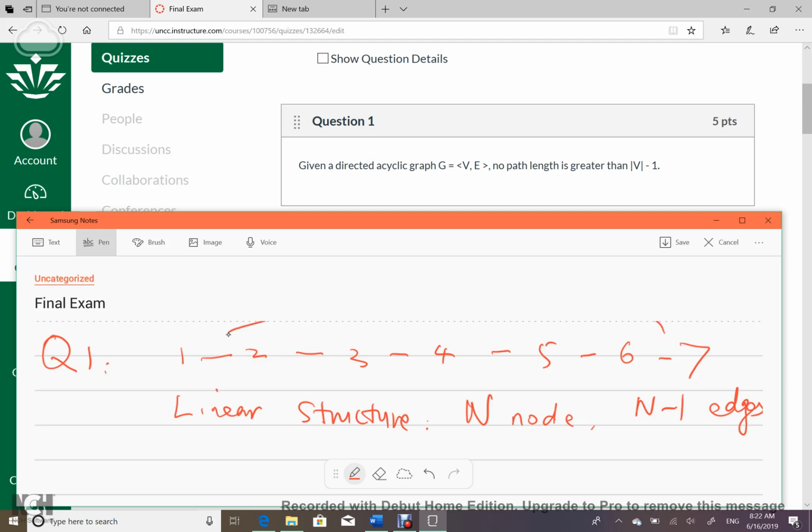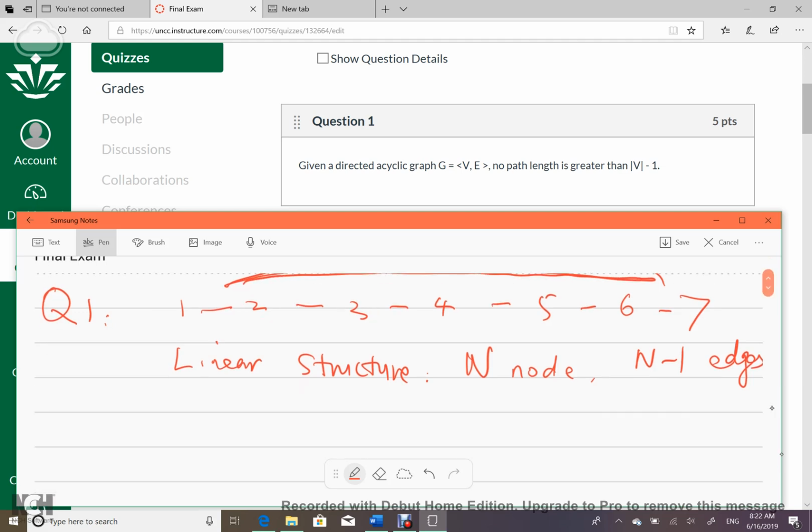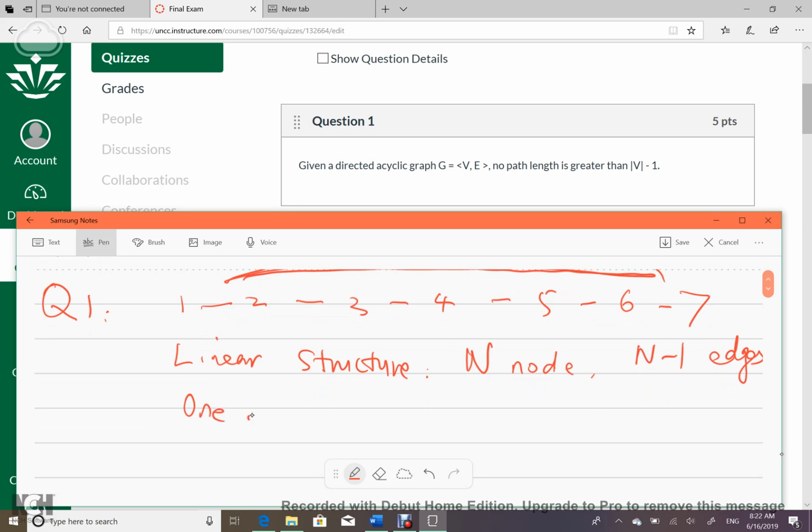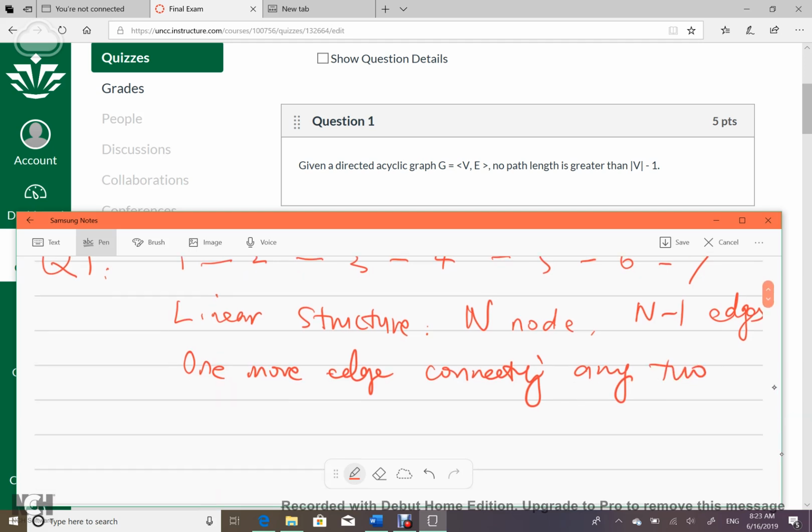If we add one more edge connecting any 2 nodes, it causes a cycle.